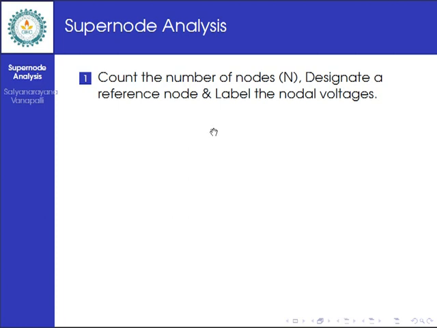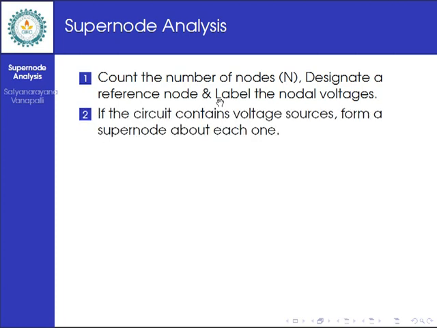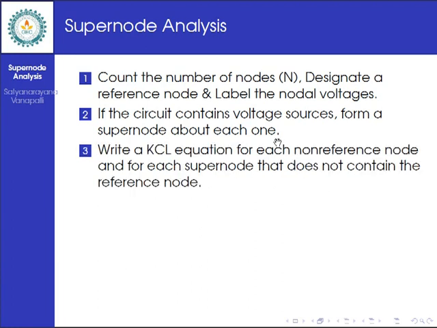The first step in application of nodal analysis is to count the number of nodes, designate a reference node, and then label the node voltages. Second, if the circuit contains a voltage source, form a supernode about each one. Third, write Kirchhoff's current law equation for each non-reference node and for each supernode that does not contain the reference node.